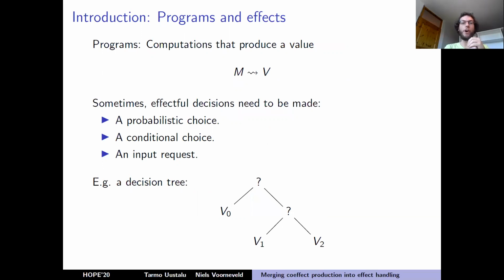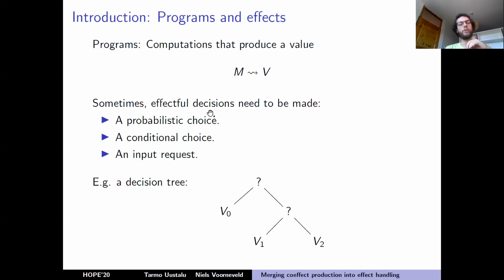So all of you probably know what effects are, considering that this talk is featured at the HOPE workshop. And I want to zoom into a particular facet of effects. So in a specific situation where there are no effects, you can consider programs to be computations that are evaluated and produce at most one value, a particular value, according to some operational semantics that you specify.